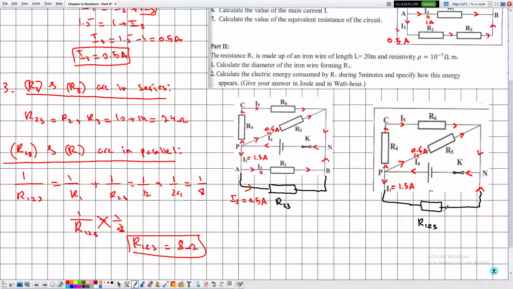Notice that in this case R123 is being traversed by the current I1, which is 1.5 amperes.